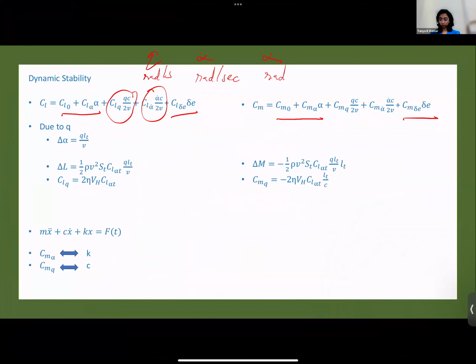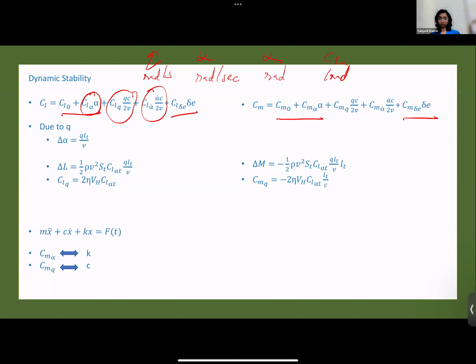So what is the unit of CLQ? Let's start with CL alpha. What is the unit of CL alpha, such that this term becomes non-dimensional? Alpha is radian. So CL alpha will be per radian, right? Per radian, per degree, whatever, right?